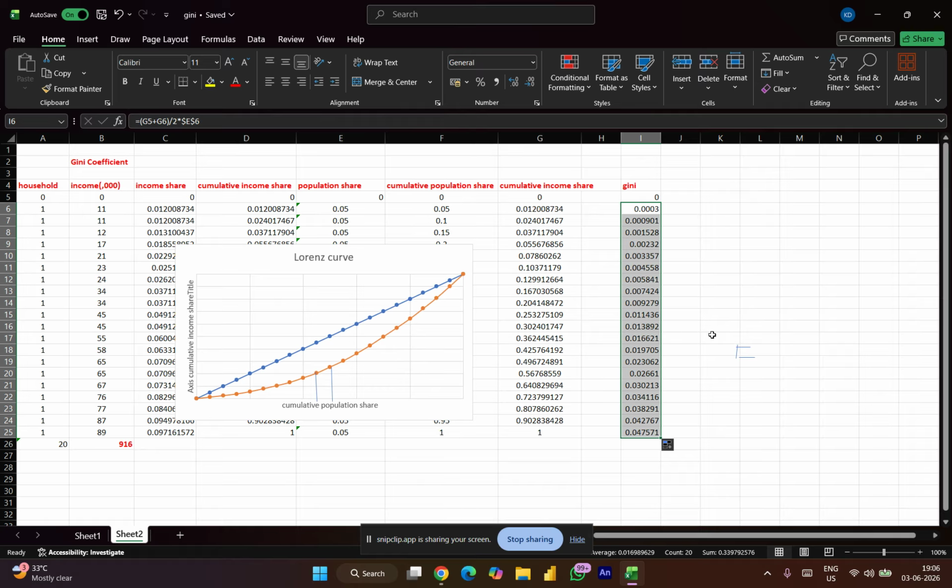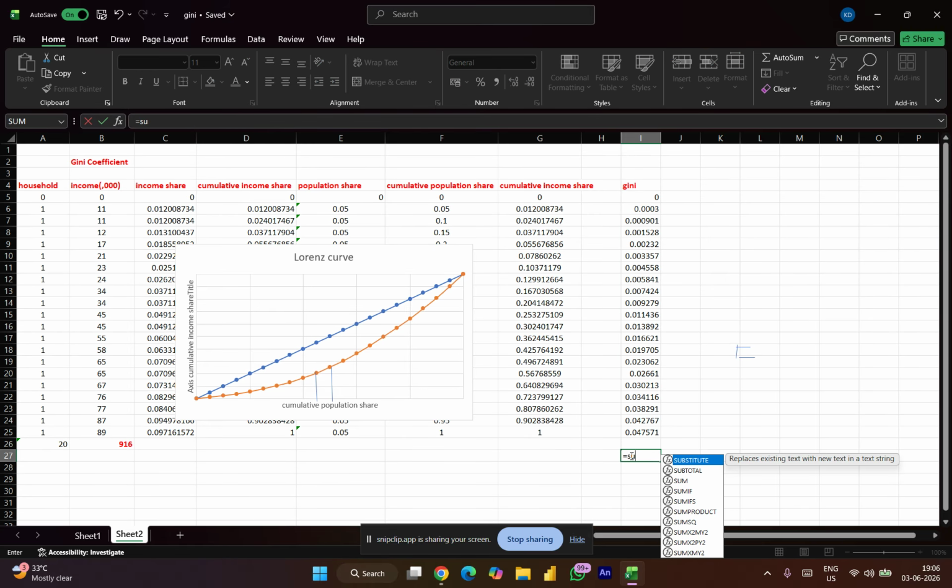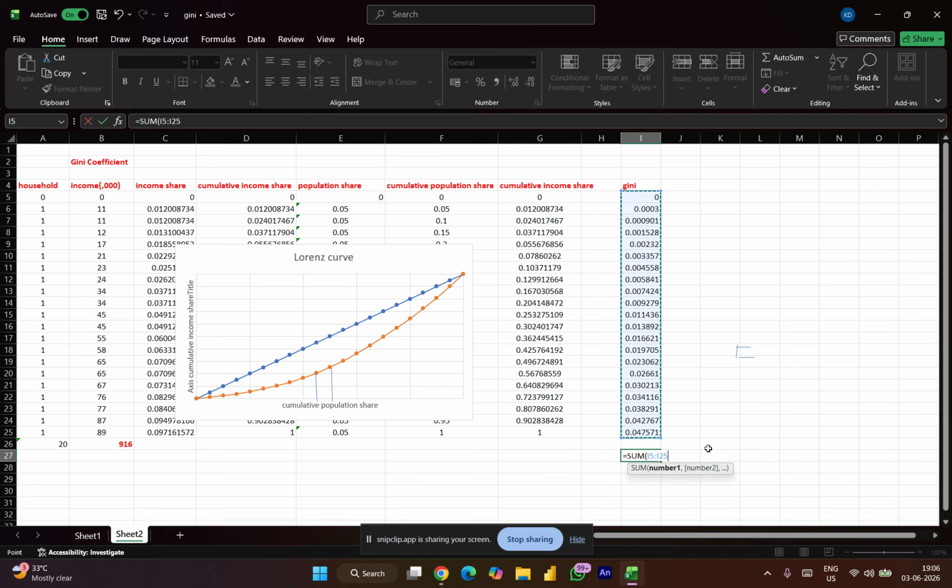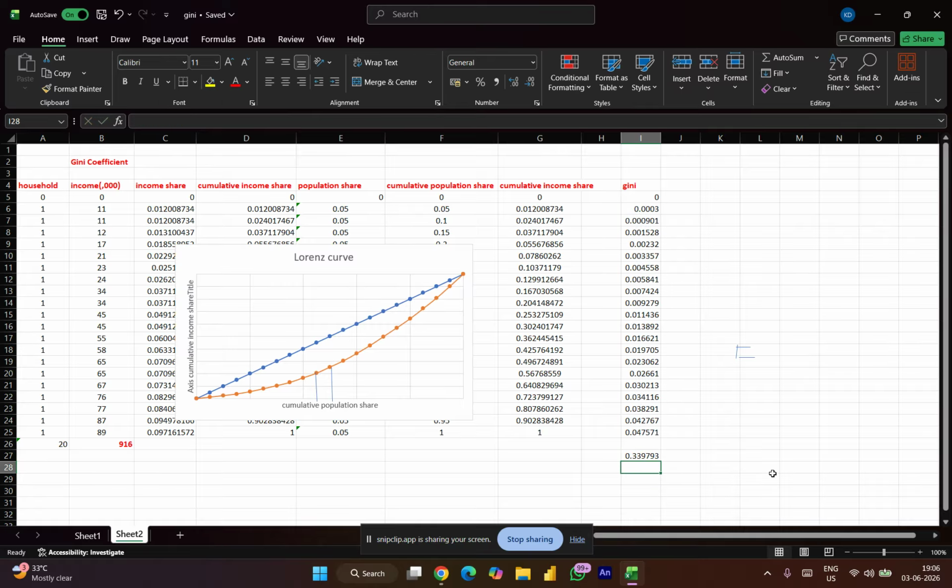This is the area. Now we need to take the sum of these areas, and the sum is 0.339.